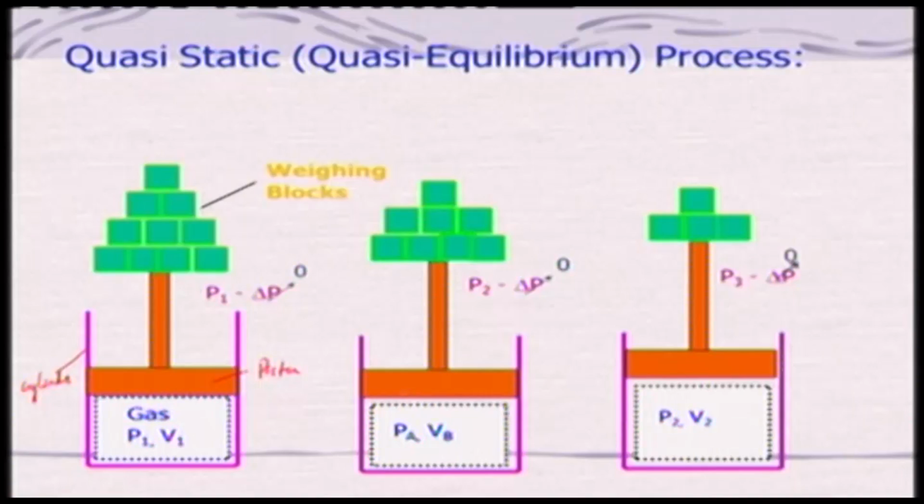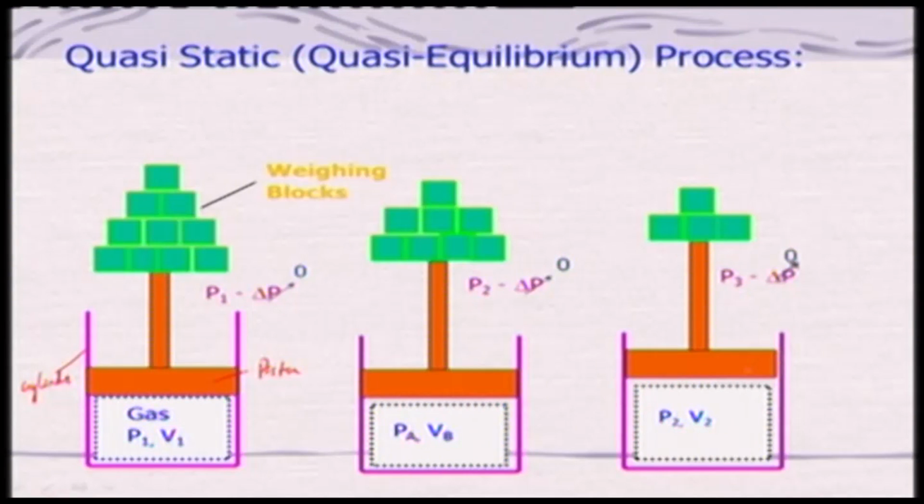Let us say we are assuming it to be 0, then what will happen? This is a tiny mass which you have removed and as a result the pressure will change here. That means the pressure exerted by the weight blocks will change and there will be a little bit of increase in volume. Similarly, you remove another tiny block and then it will attain P2 and V2, where P2 is much lower than P1.